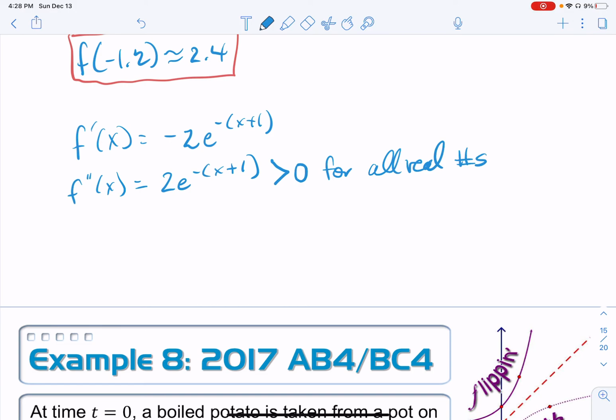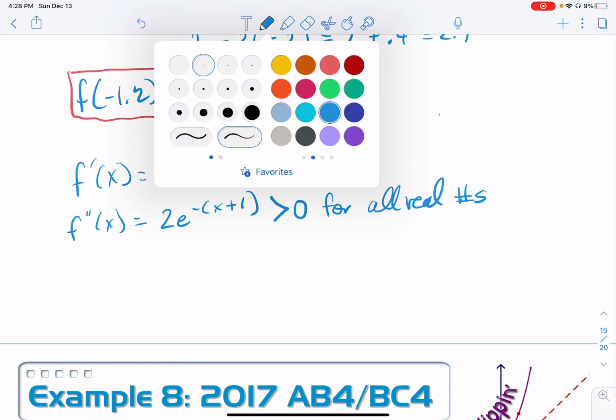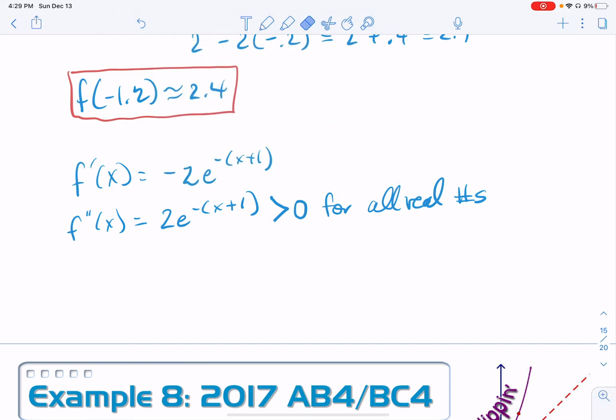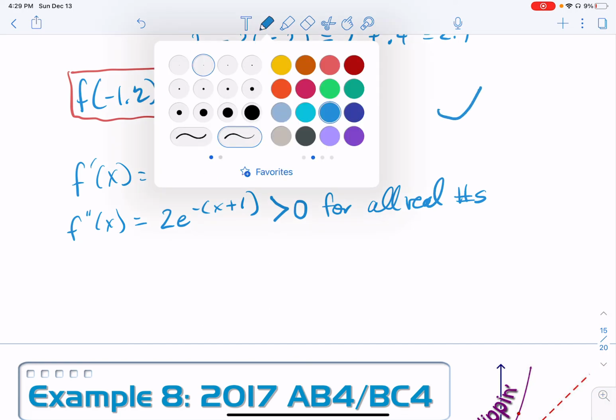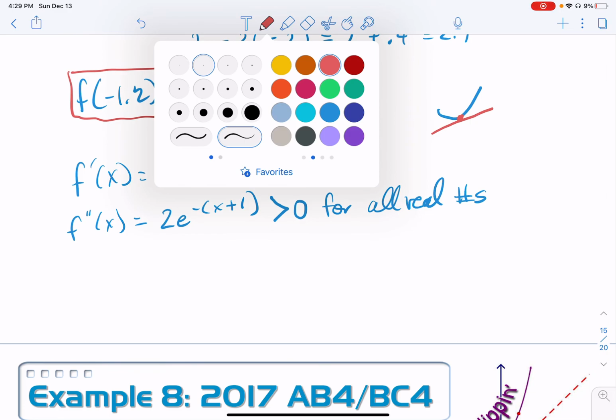Since the second derivative is greater than 0, our function is concave up, and then our tangent line must appear down below it. If the tangent line's below the graph, then it must be under approximating the value of the function. But you need to point out its concavity.